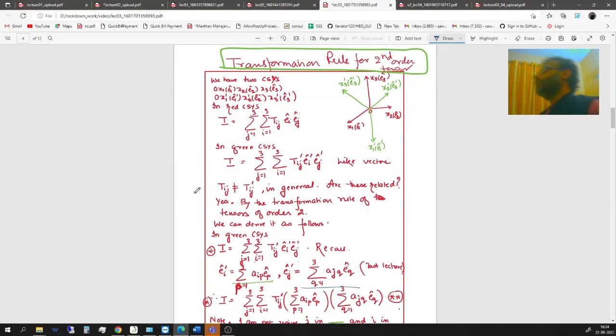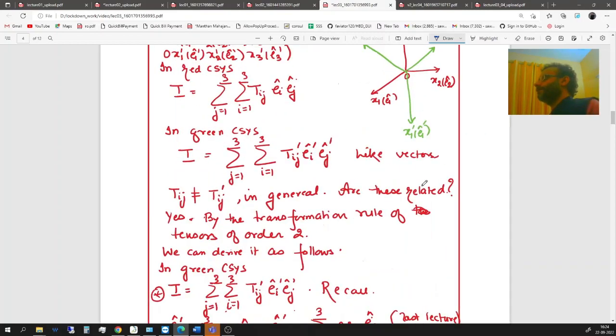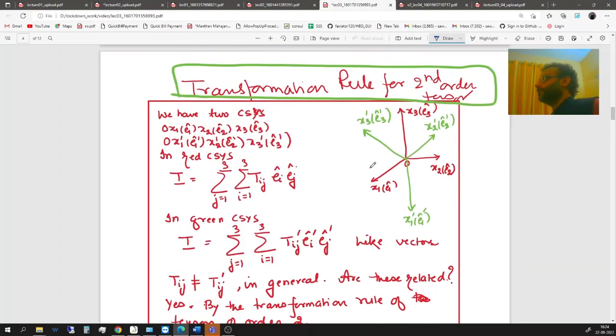Now let's talk about transformation rule for second order tensors. Again, I have two coordinate systems. The red one is my original coordinate system, and now I have a green coordinate system, the prime coordinate system.